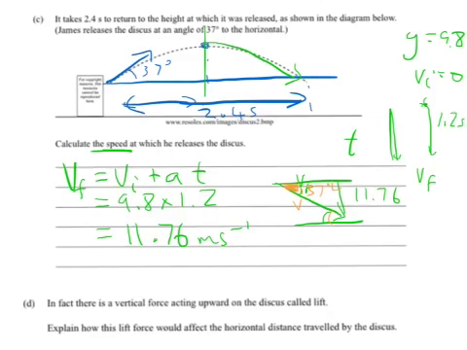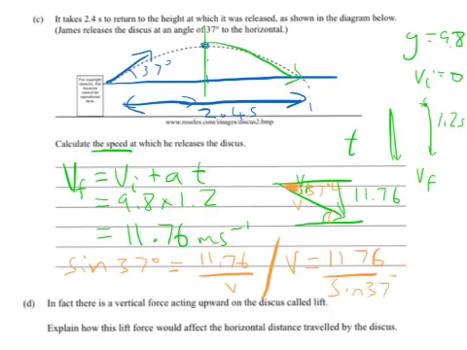So sine 37 degrees equals opposite over hypotenuse, which is 11.76 over the V that we're looking for. So that means V equals 11.76 over sine 37, and that gives us 19.5 meters per second. There we go.